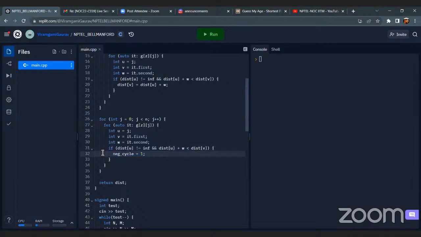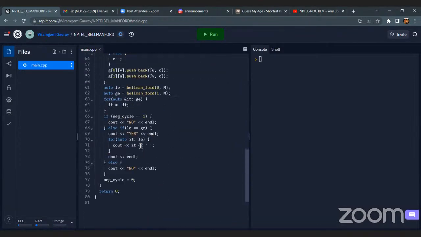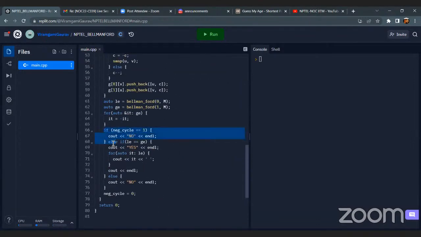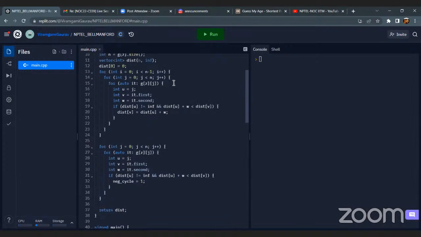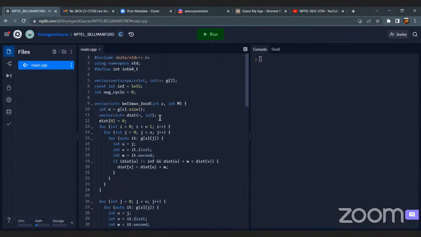So I put in a global variable, negative cycle, and updated it to 1. If I find there is a negative cycle, I'll just return no, because in that case I will not be able to determine the age of that person, right? And only if all the elements of both arrays are equal, then I'll output yes. Otherwise, I will output no. So this was the whole implementation of the idea that we just went through.